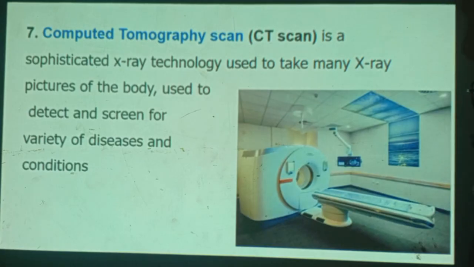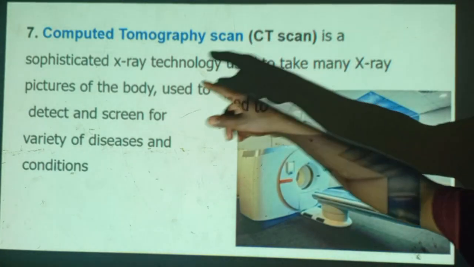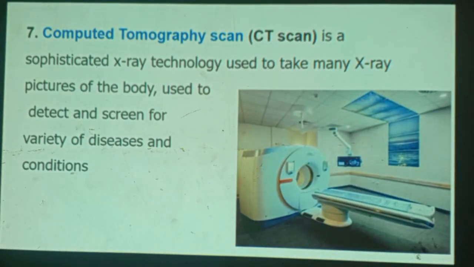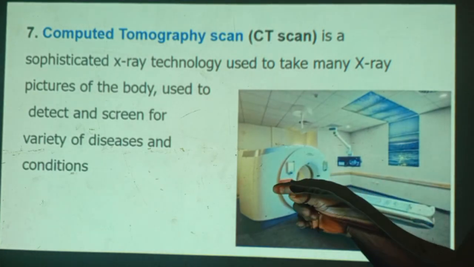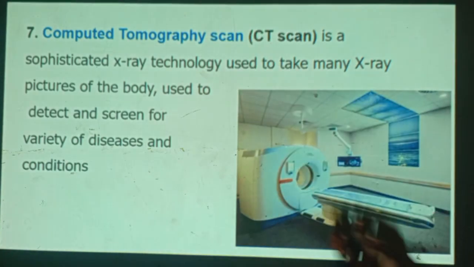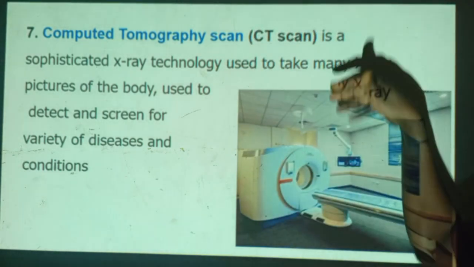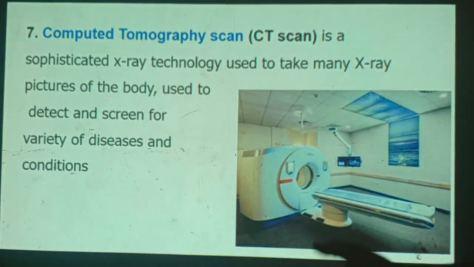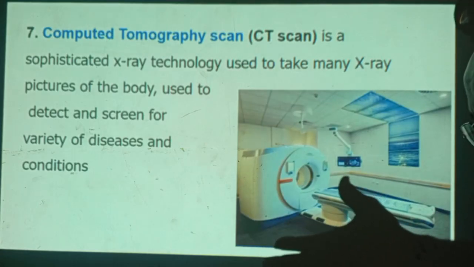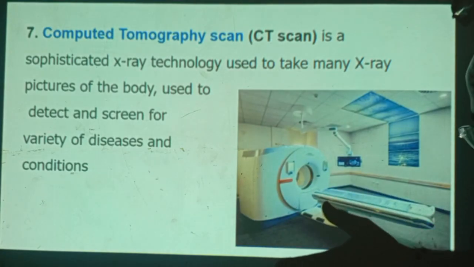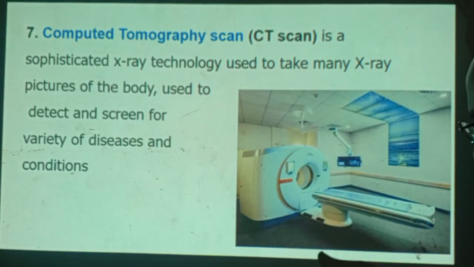health facilities. It is a sophisticated X-ray technology used to take many X-ray pictures of the body and used to detect and screen for a variety of diseases and conditions. You go inside here, and X-rays are released from many directions into your body, into the particular body part, like if you have a problem in your lungs or in your kidneys.